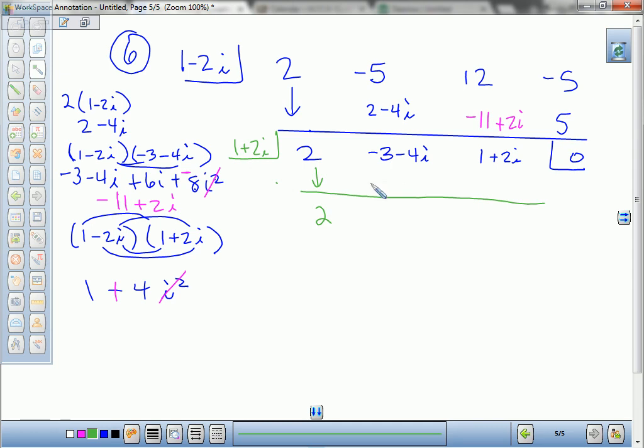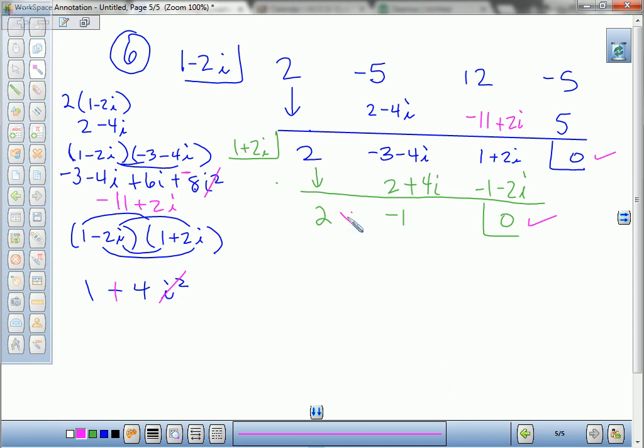Then we're going to multiply. So 2 times 1 is 2. 2 times 2i is positive 4i. Look at the i's. The i's go away. And then negative 1 times this makes a negative and a negative. And it all goes away. So I got my check step here. I got my check step there.